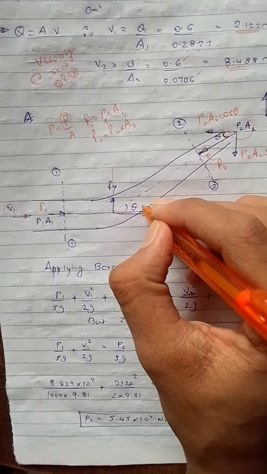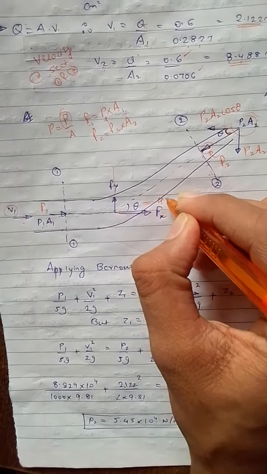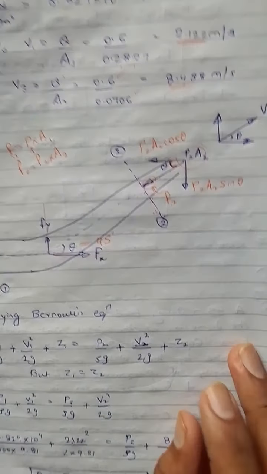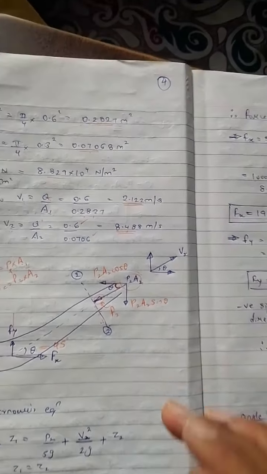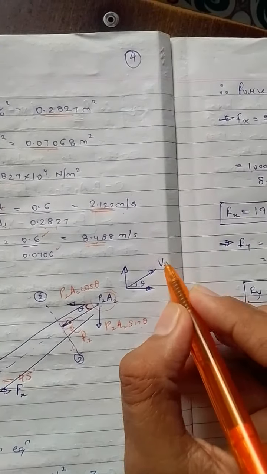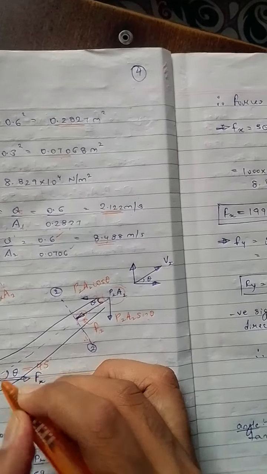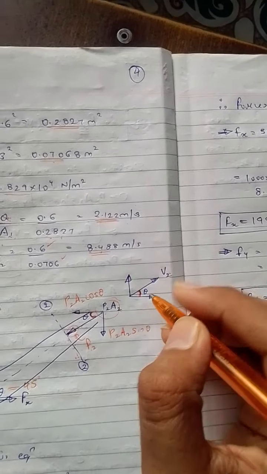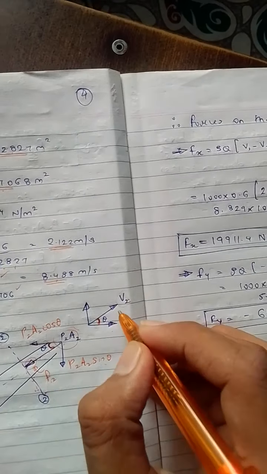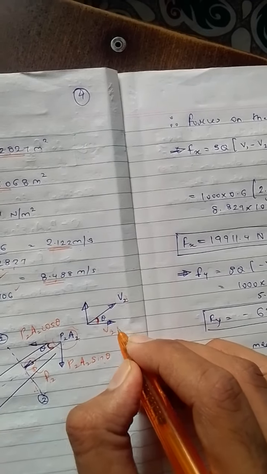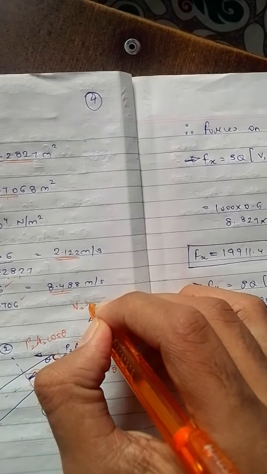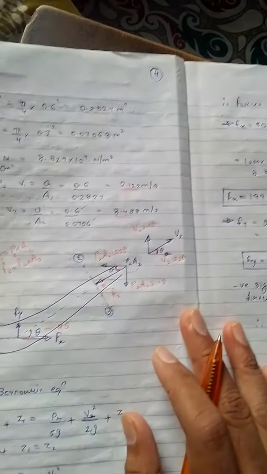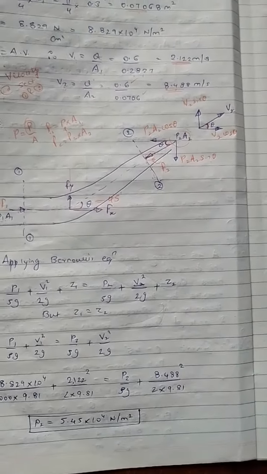The value of theta is 45 degrees, as given in the question. Similarly for the next velocity, this theta and this theta remain the same, so the components of this velocity will be V2 cos theta and V2 sin theta.